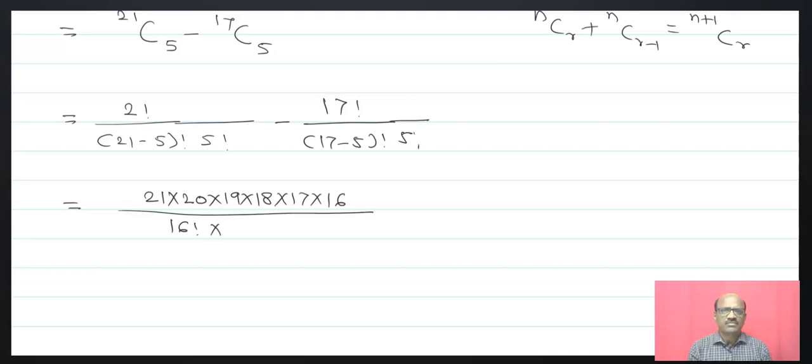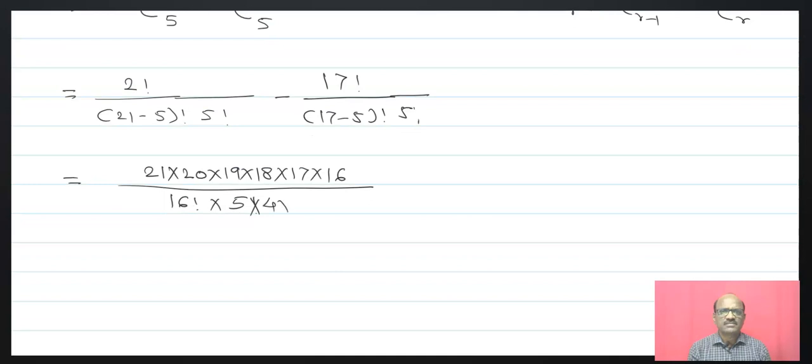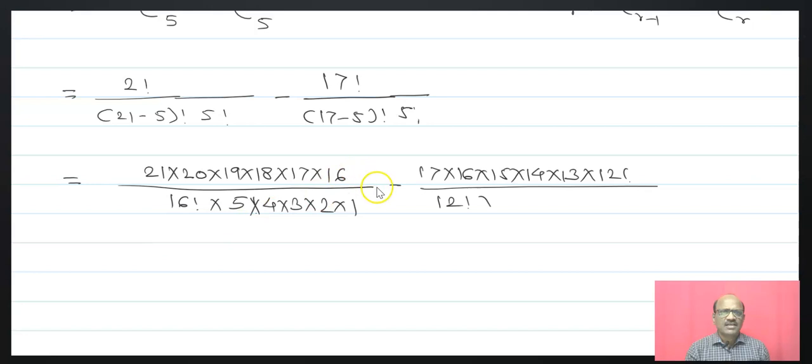You can perform this calculation on your own, but you have to show these calculations on paper. The 21 factorial is reduced up to 16 factorial, and then 16 factorial gets cancelled. Here again 12 factorial.